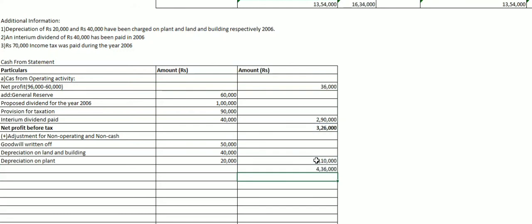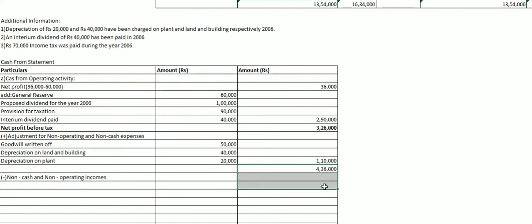your amount is 4,36,000. So now you're supposed to minus all the non-cash or non-operating incomes. Under that we have nothing, no incomes that are non-cash or non-operating.